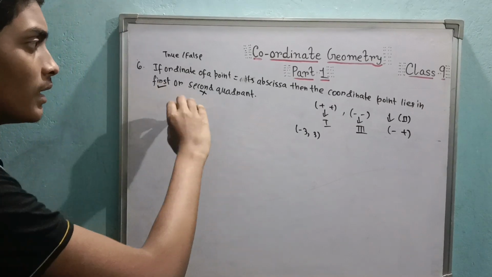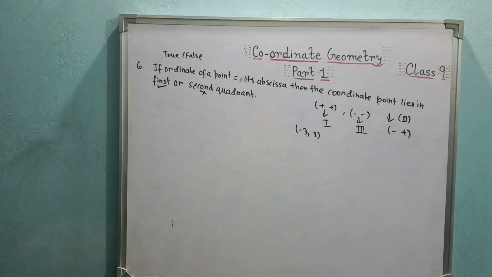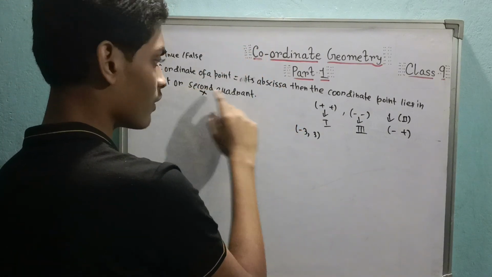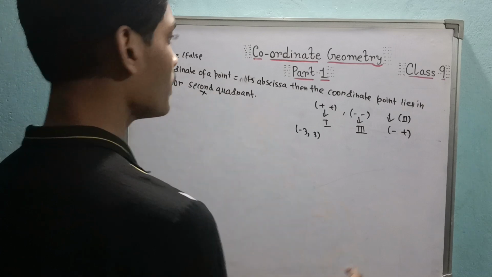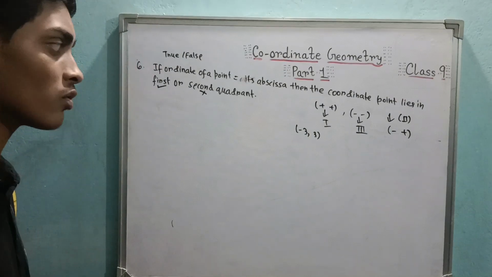So partly it is correct that if the abscissa and ordinate are the same, the point is possible in the first quadrant. If it were the third quadrant in place of the second here, it could be true. But in the second quadrant, equal ordinate and abscissa can't occur because of the signs.